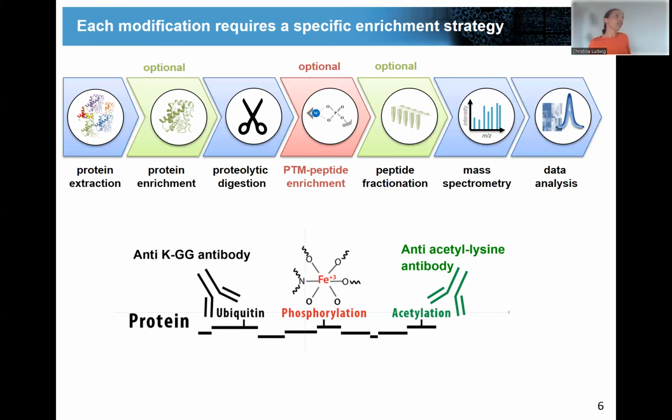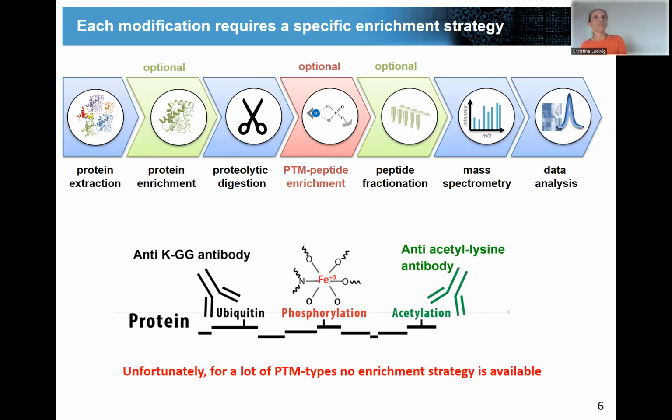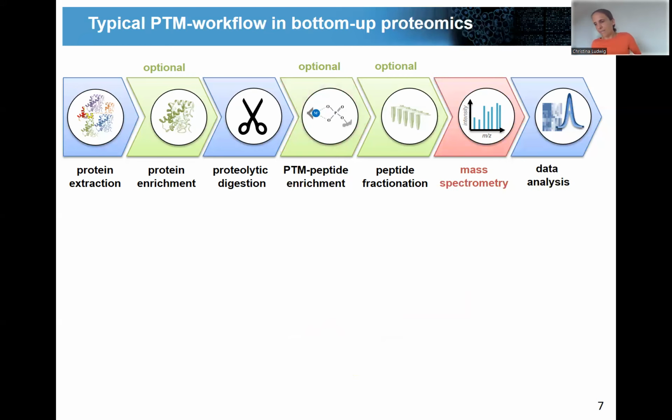Mainly also because we have such nice enrichment strategies. For a lot of other PTMs, there is no enrichment strategy available. So there's lots of room for young scientists to come up with great ideas and change this and make other enrichment strategies possible.